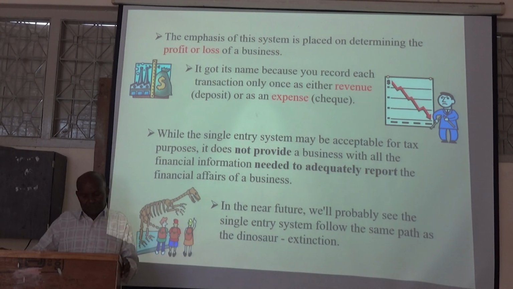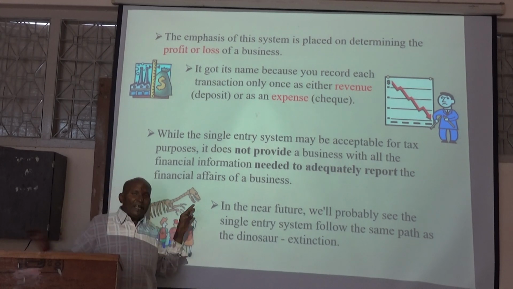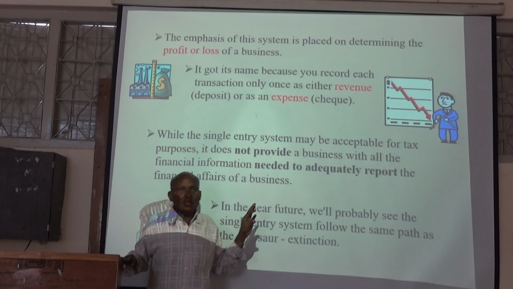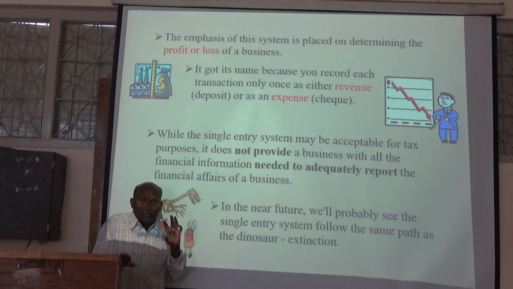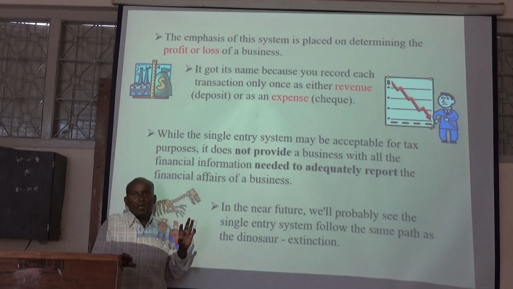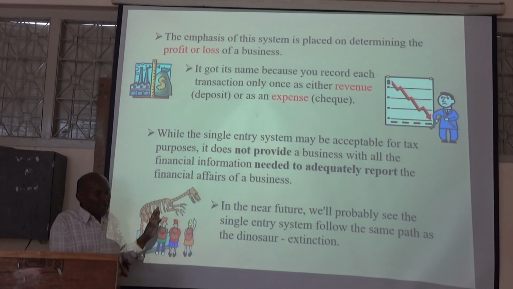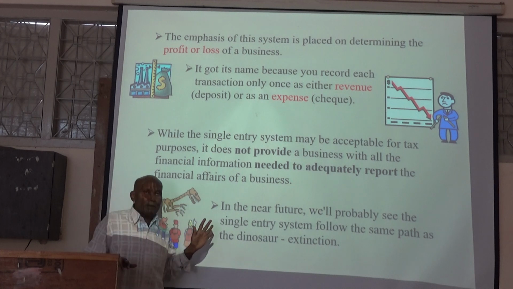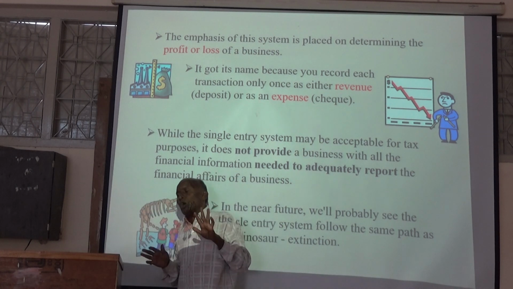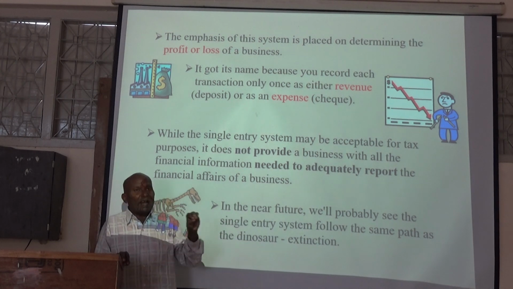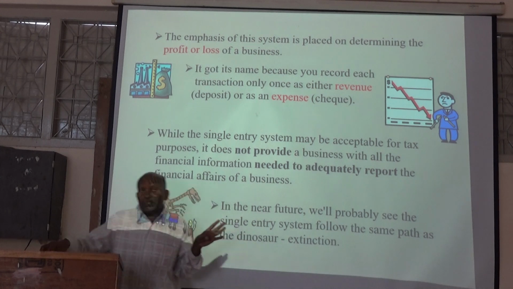Closing capital balance, add drawings, add interest on drawings, total, less fresh capital introduced, less opening capital balance, less interest on capital. The difference between them is gross profit or gross loss, which is transferred to the profit and loss account.